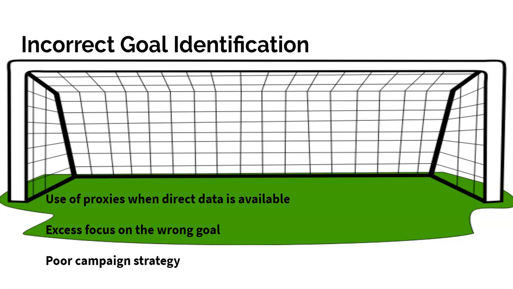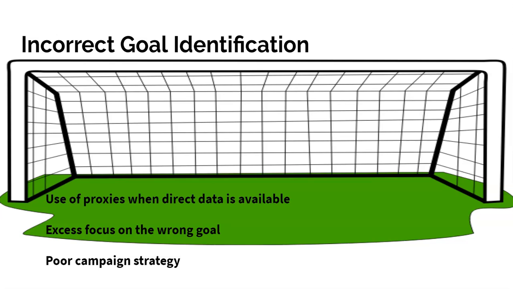So this incorrect goal identification is often nobody's fault. It doesn't mean that somebody wasn't thinking strategically or that they're not a really talented marketing analyst. It sometimes takes time to discover what behaviors correlate with the conversions that you're looking to measure. So sometimes it's just a matter of trial and error to get to that level of accuracy.